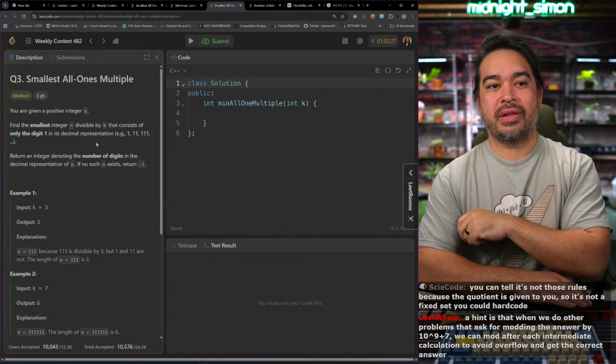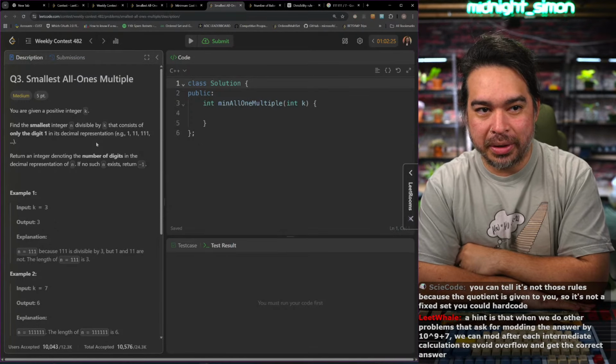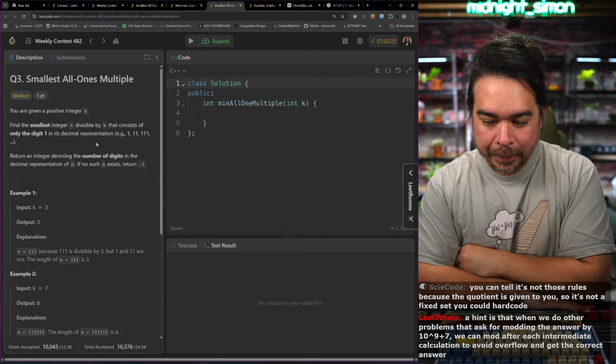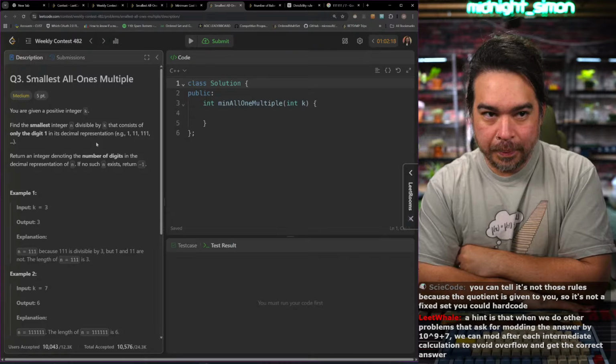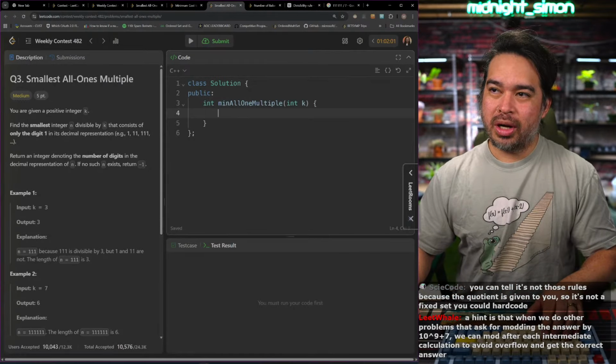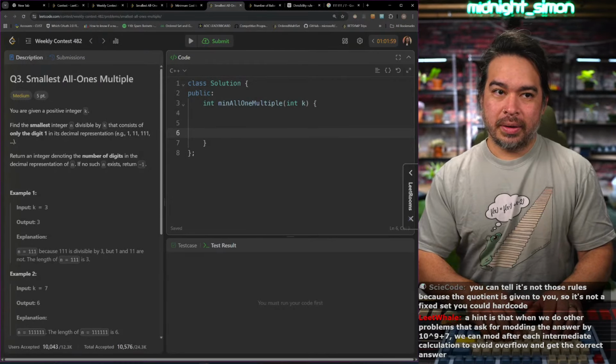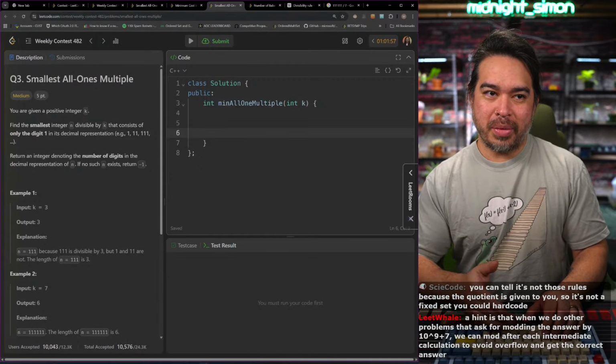But let me think about that hint, LeetWhale. So if we keep modding the number, it's just a mod problem. So it's kind of like brute force with modding.